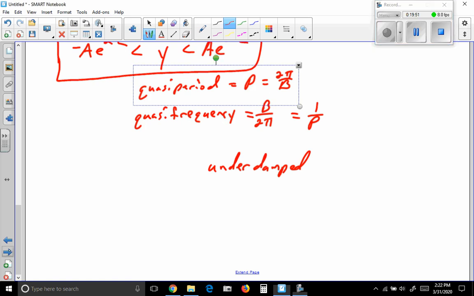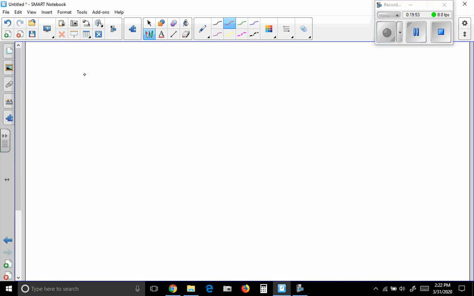So the next situation we'll look at, so let's write our differential equation again, is going to be where b squared is greater than 4mk.